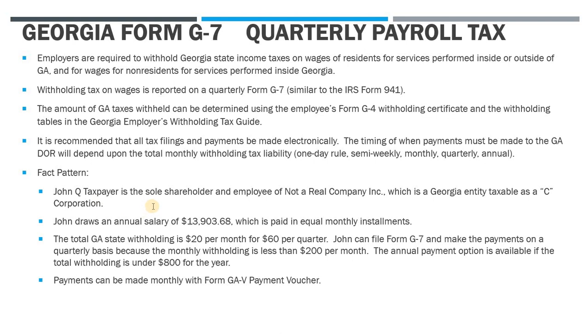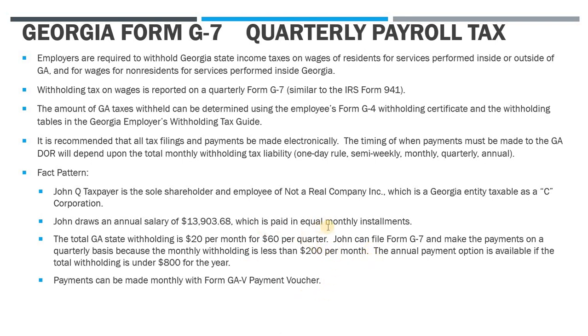So in our fact pattern here, we've got John Q. Taxpayer. He's a sole shareholder employee of Not a Real Company, Inc., which is a Georgia entity taxable as a C Corp. He draws an annual salary of $13,903, and that's paid in equal monthly installments. The total Georgia state withholding that he is going to be claiming is $20 per month, so $60 a quarter.